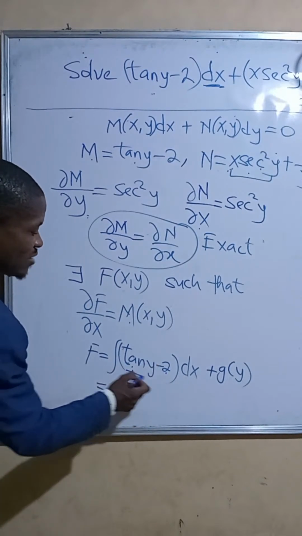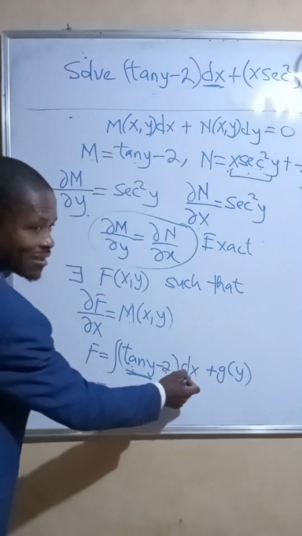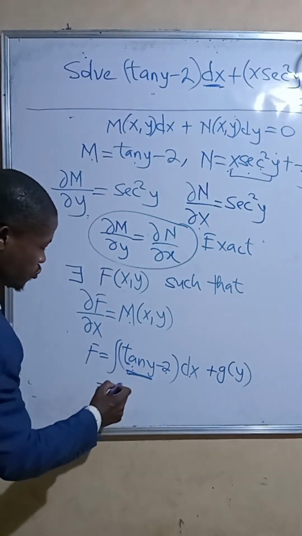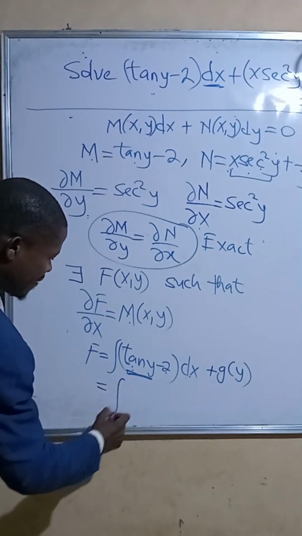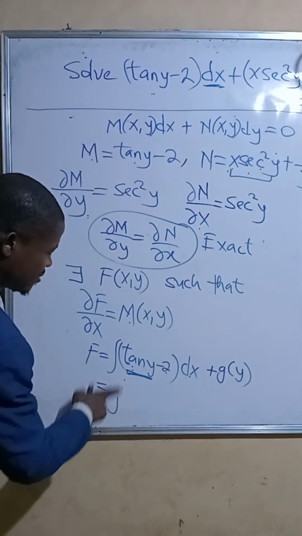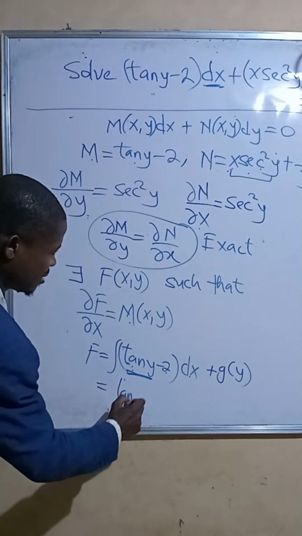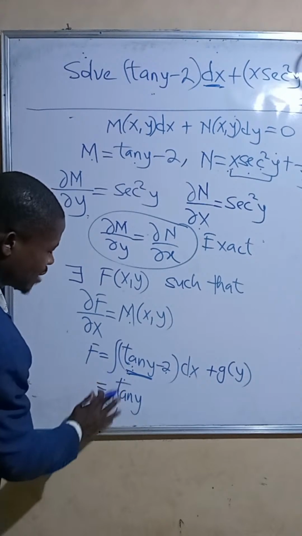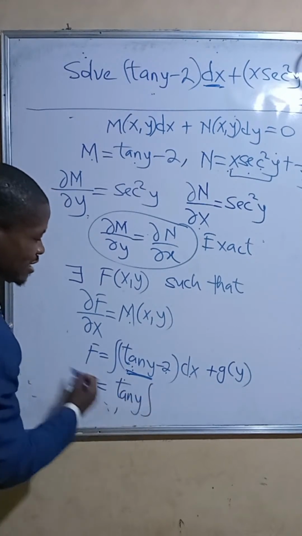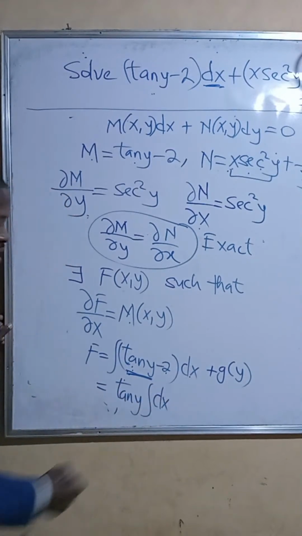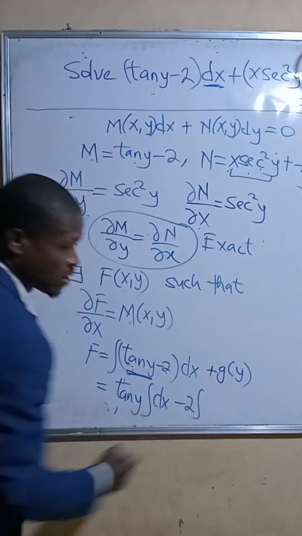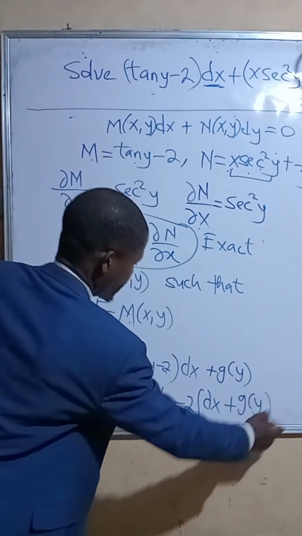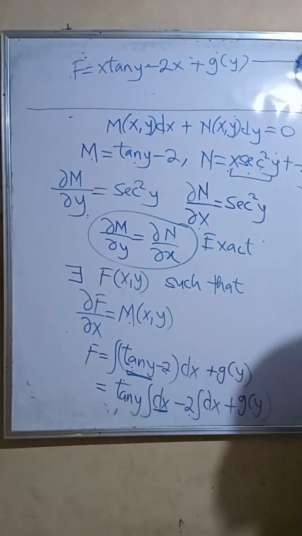When you integrate tan y with respect to x, tan y is a constant, so I can take it outside the integral, since you're only integrating x. Then minus 2, take it outside the integral, and then the integral of dx gives x, plus g of y. I give it as equation 1.